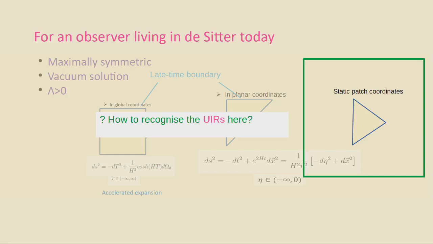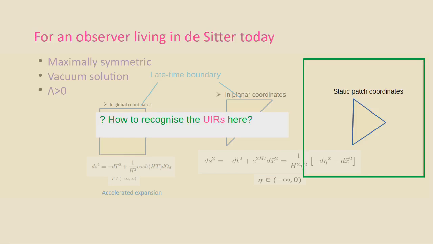Now, all this was in the planar coordinates. If we go back to our Penrose diagrams, I mentioned that the one we are working with is the one relevant for the early universe cosmology. But in dark energy studies, considering the epoch in which we are living, we are observers living in the de Sitter universe.